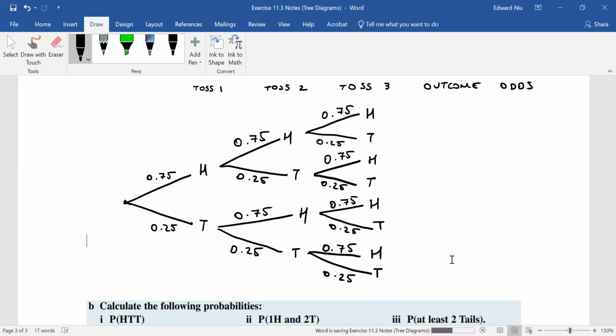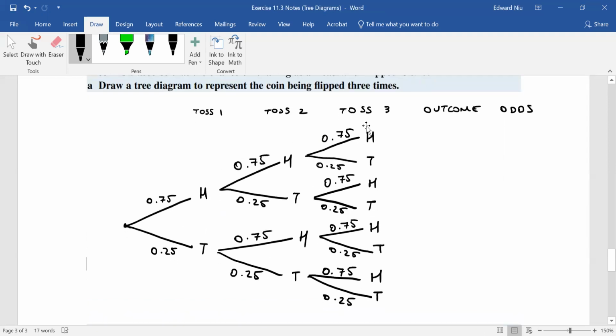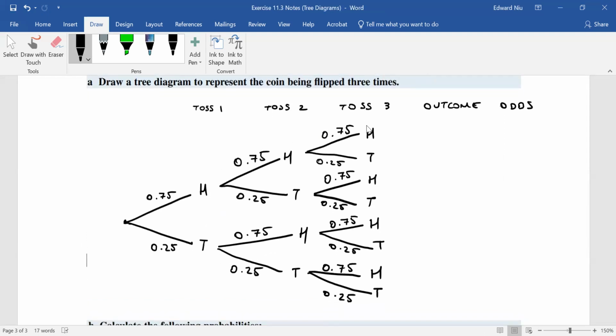Every time we get a heads, we have a 75% chance. Every time we get a tail, we get a 25% chance. So the first outcome here is 3 heads, head, head, head. Second one is head, head, and a tail.